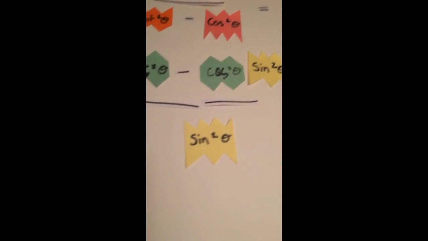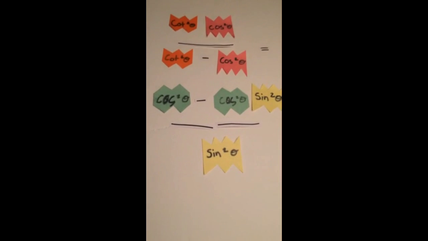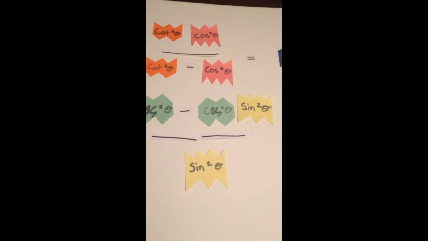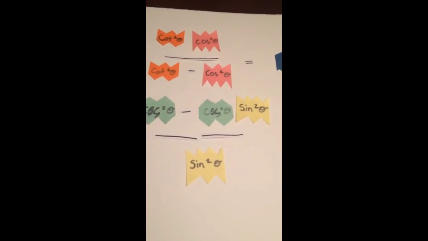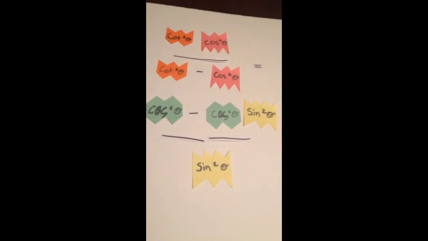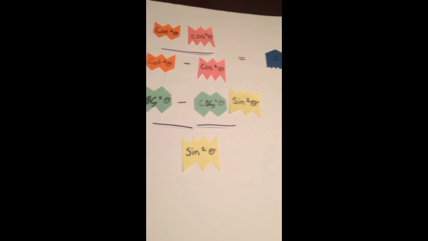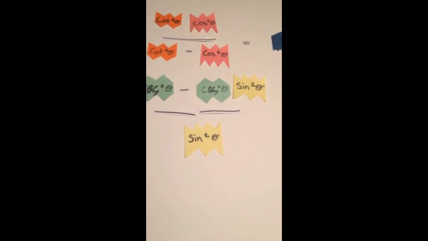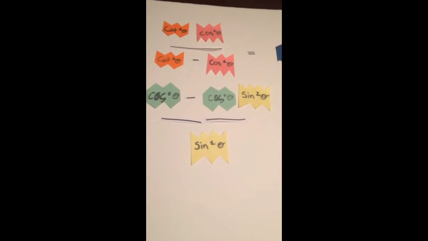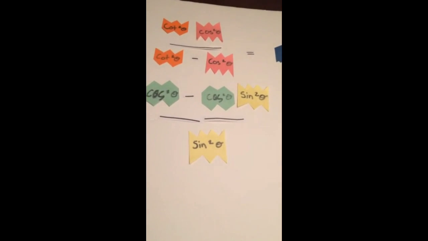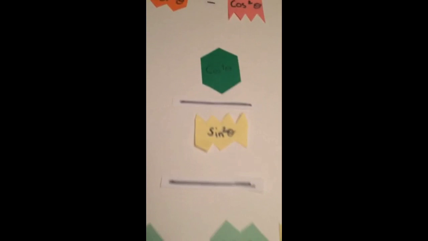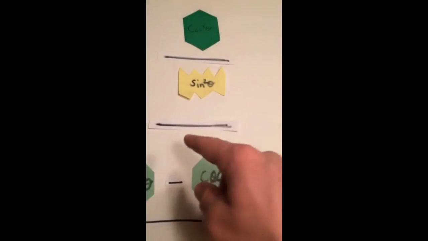After simplifying, it would look something like this: cosine squared theta minus cosine squared theta times sine squared theta all over sine squared theta. And then you would take the original equation that we had simplified from the top and the bottom and put them both over each other. So this is what both parts of our simplified top and bottom of this equation would look like when we put it all over each other and divide.